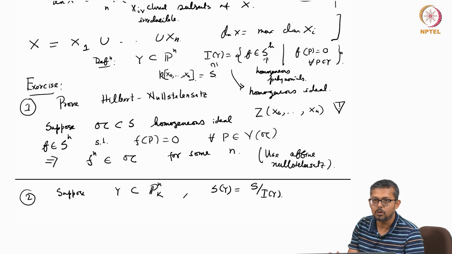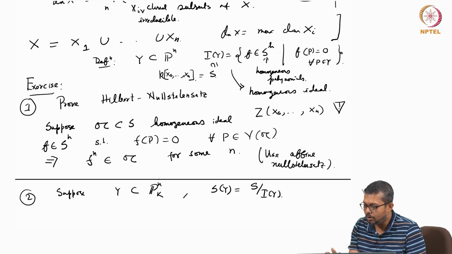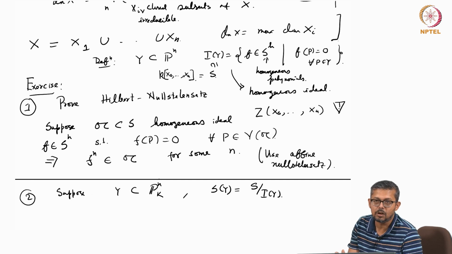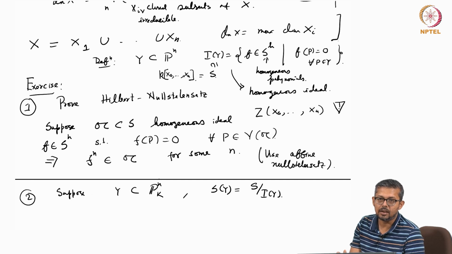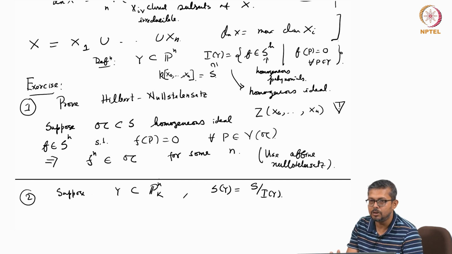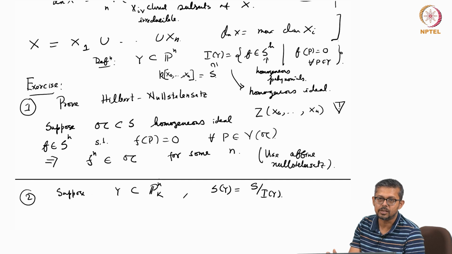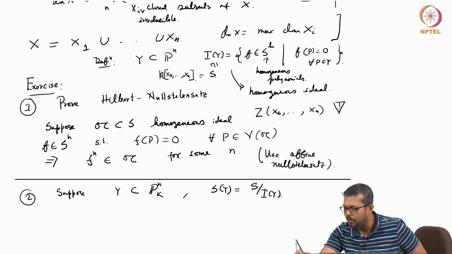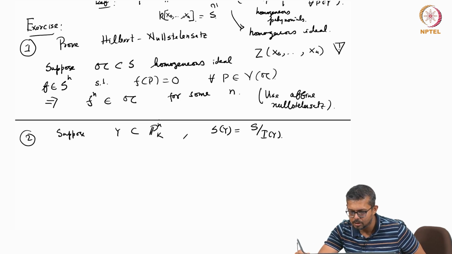You can talk about the quotient, and the homogeneity will give you that this S_Y will again be a graded ring, because I_Y will be a graded ideal. So on S_Y you can put a gradation. Anyway, let's not go into that.